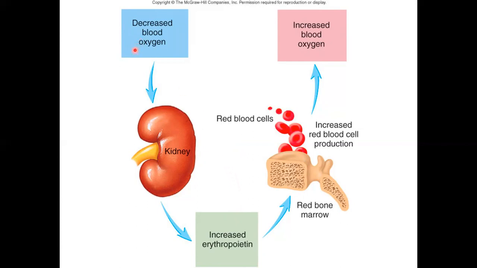Let's say you're a cigarette smoker and you've been smoking cigarettes for 30 years, that damages the lung lining so that you can't get as much oxygen in, and so that's going to increase erythropoietin, right? So there's several different instances of when this would happen. My cat actually had kidney failure due to old age, and when she had kidney failure, one of the things was that she became anemic because she couldn't make erythropoietin to make more red blood cells.